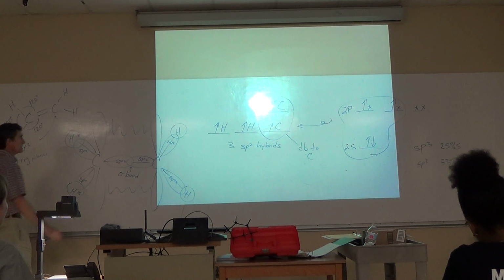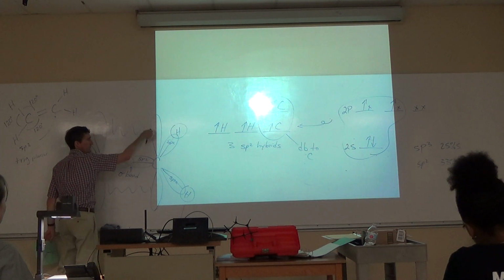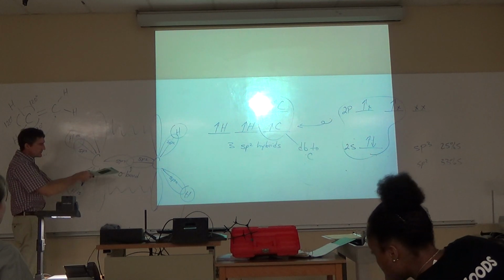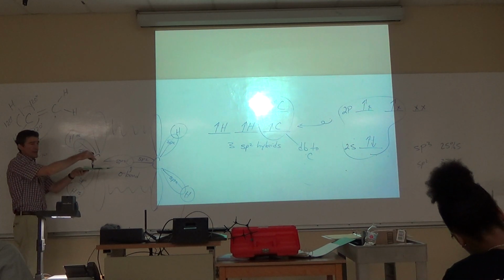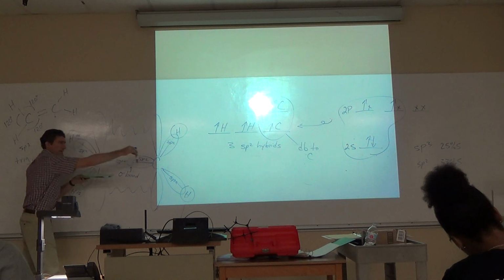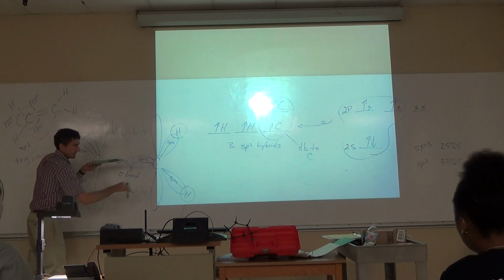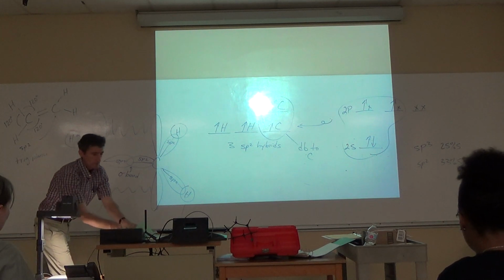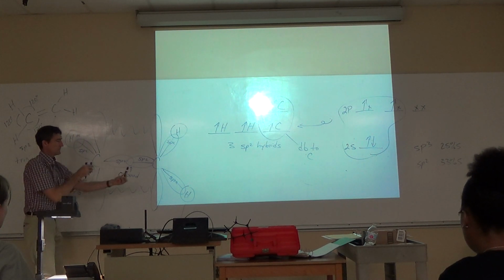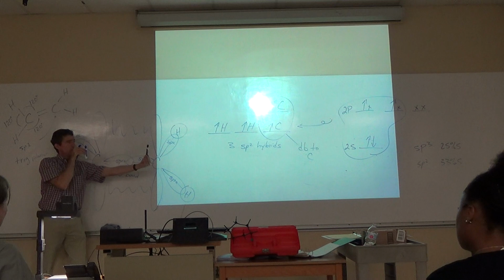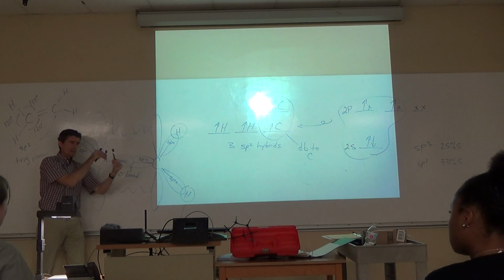Okay? I denoted it here because there's electron density both above. Again, if the hybrids are like this, you got half the p orbital up and it's interacting with the other one. But you also have half down, right? Side-to-side overlap. Right? Are these overlapping? There's volume here.